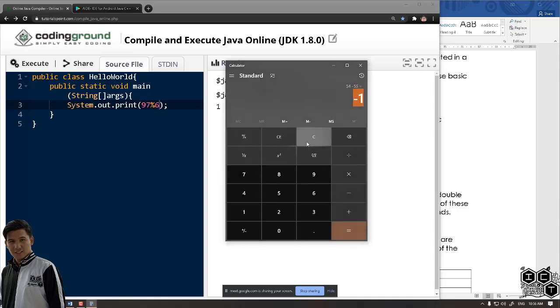Ulitin natin ha. Ito 97 modulo 6. 97 divided by 6 muna. Let's ignore these decimal places. Okay? Let's ignore that. And let's get 16. Okay?